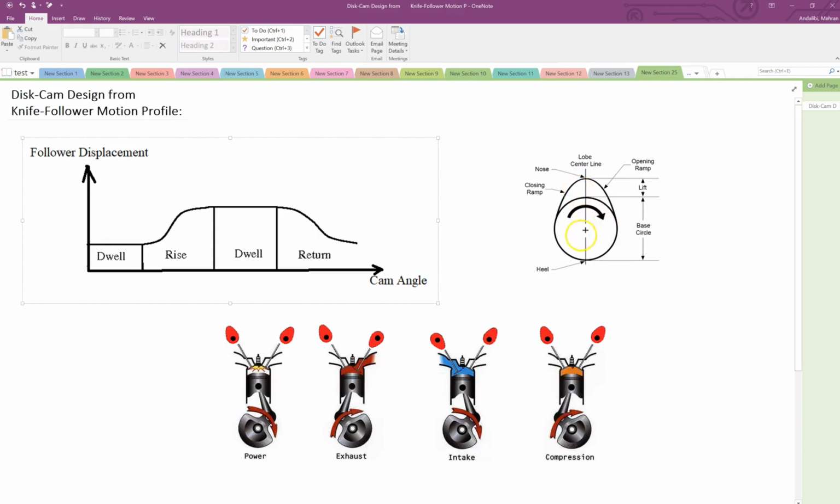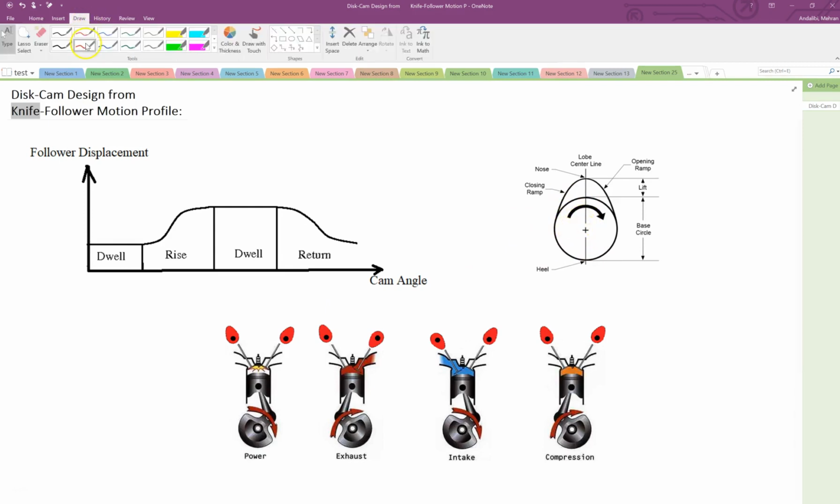So the first thing is each cam has a circle, which we call the base circle, and so the radius of this base circle is going to be like the minimum distance between the axis of the cam and basically the tip of the follower, which, because the follower is a knife follower, has a sharp ending. And then as this cam rotates, the radial distance is going to increase, right?